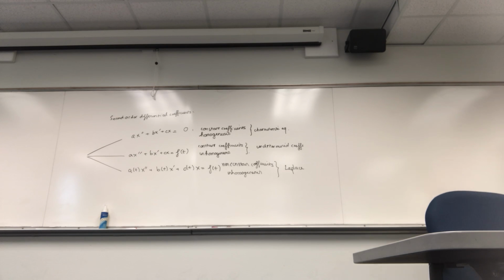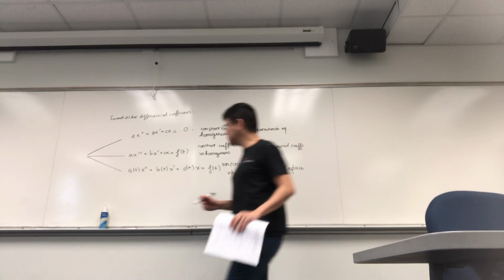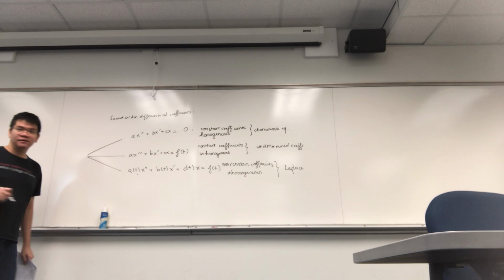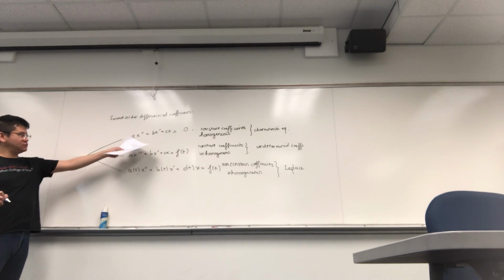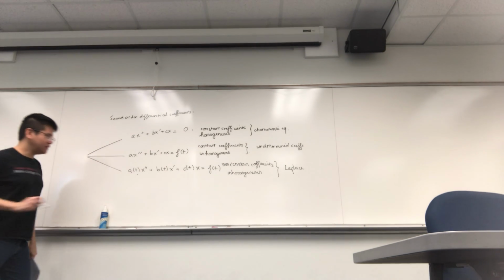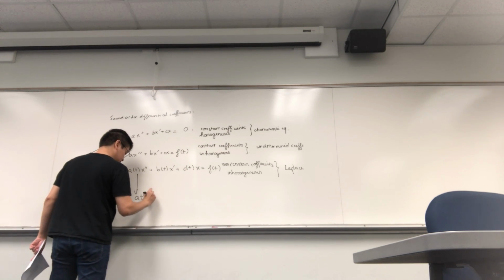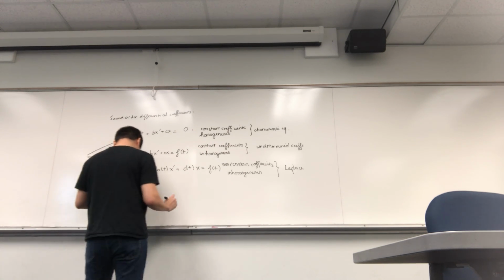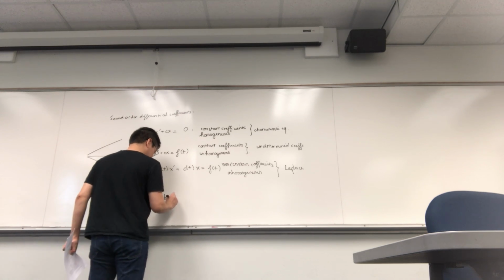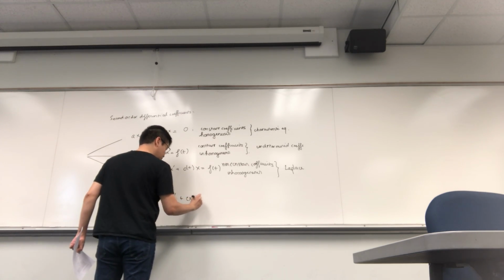All right, so today we're going to learn a special case of this, where you can still use the characteristic equation method. Today we're looking at this kind of equation: a t squared x double prime plus b t x prime plus c x equals 0.